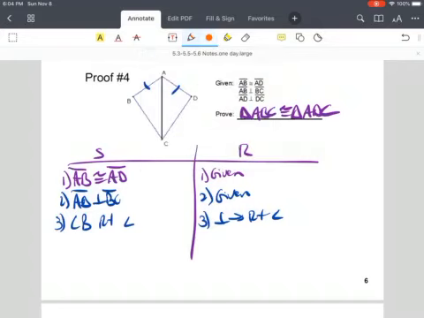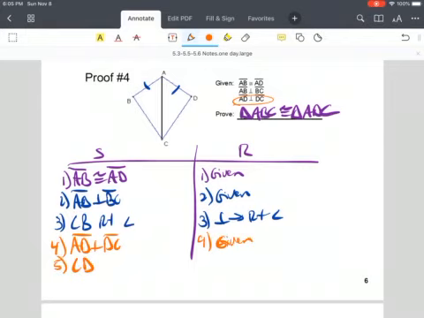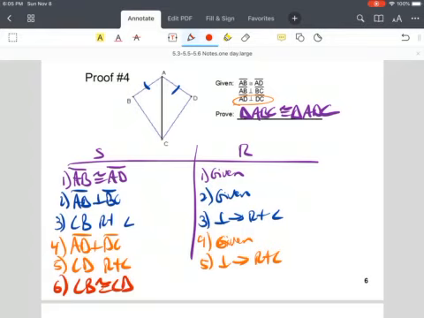And then my next one, my other perpendicular statement, and that tells me that angle D is a right angle. I know that because I have 2 pairs of right angles, I can say that the right angles are congruent to each other.